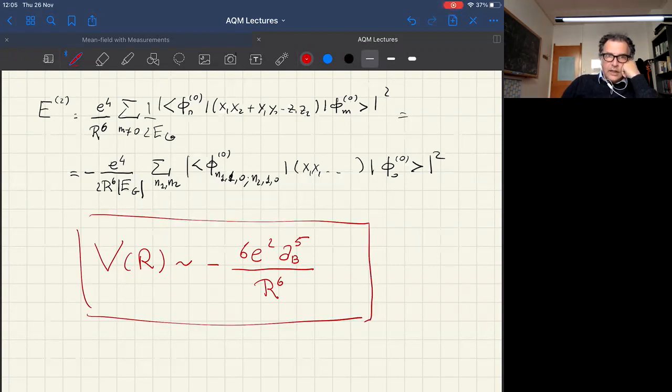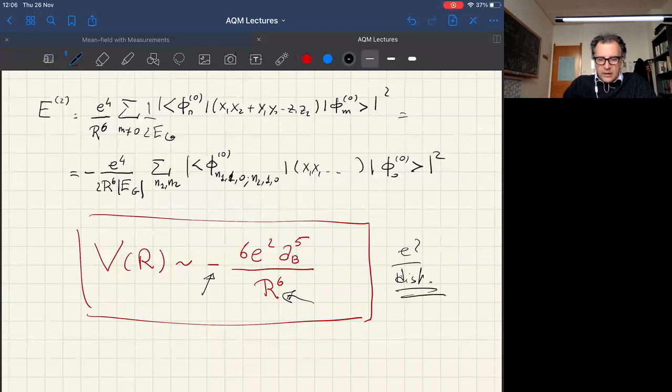Now, we already got the minus sign. Minus sign, we got it. We got R to the 6th. Now that it scales like Bohr radius 5 divided by R to the 6th, this you can get by dimensional analysis, okay? I mean, this form is clear, that this is an energy, so e squared over some distance, okay?